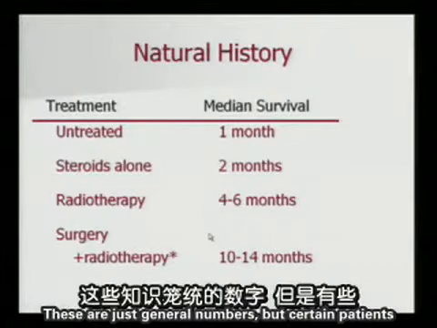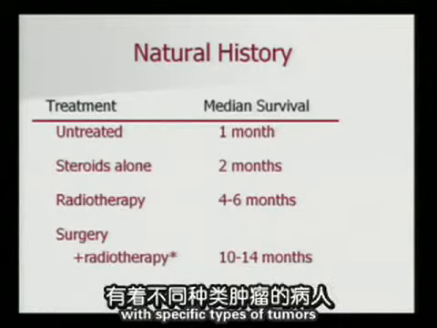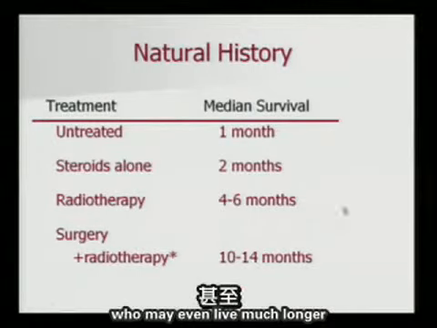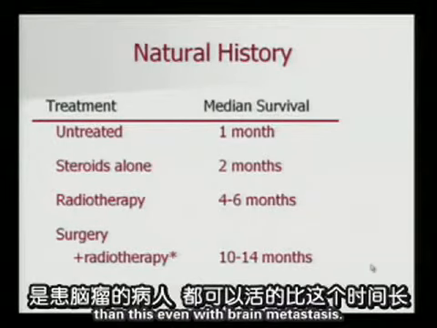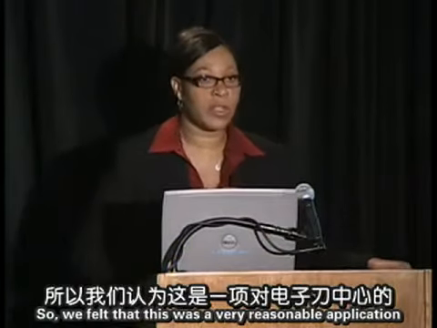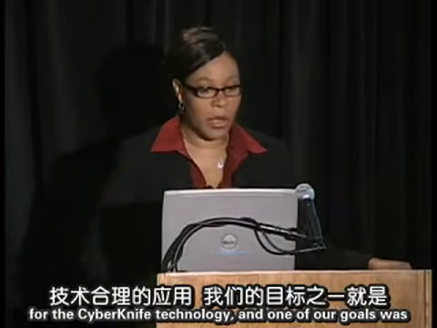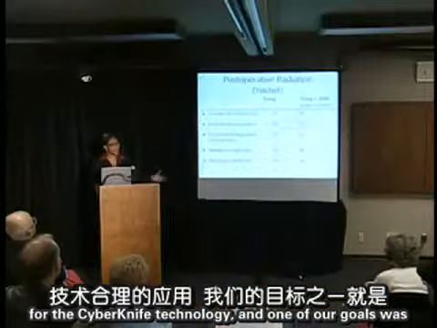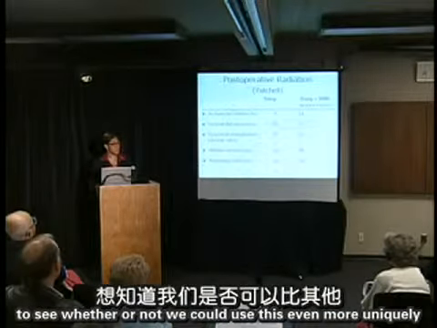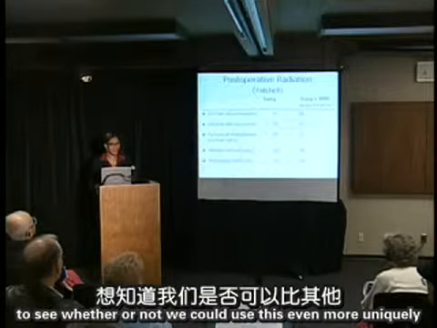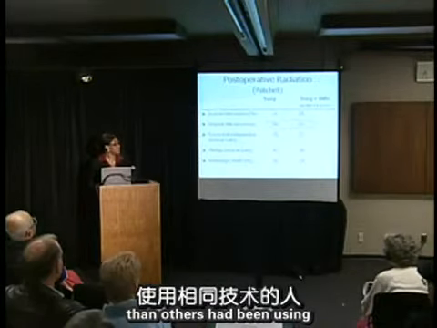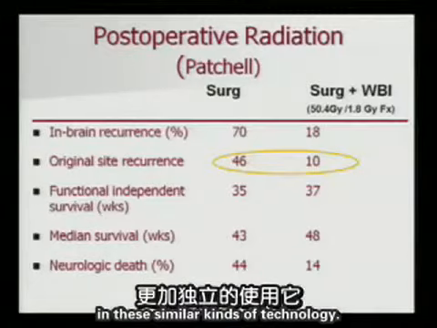These are just general numbers. There are certain patients with specific types of tumors who may even live much longer than this, even with brain metastases. So we felt that this was a very reasonable application for the CyberKnife technology, and one of our goals was to see whether or not we could use this even more uniquely than others had been using similar kinds of technology.